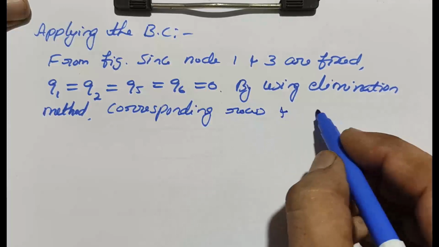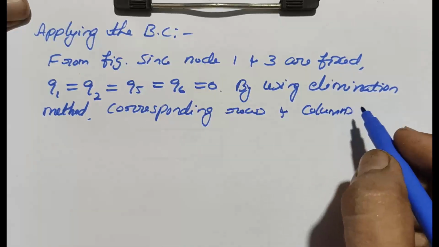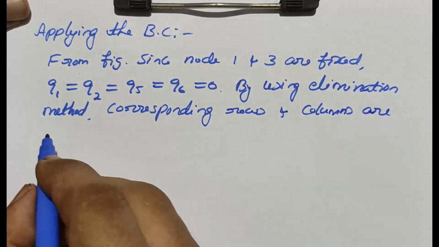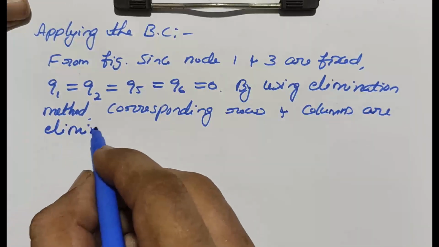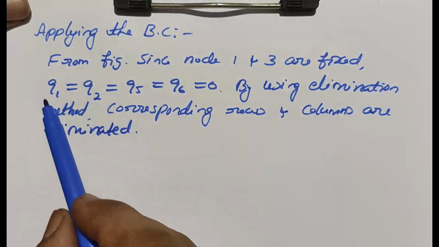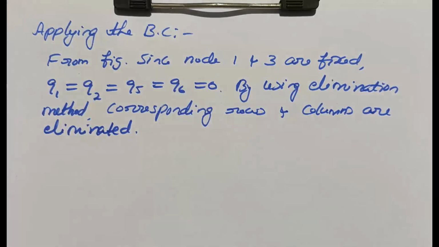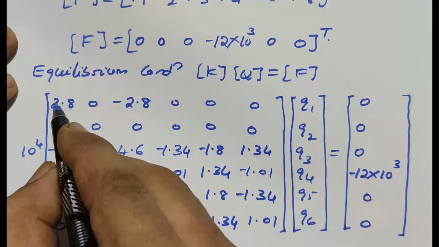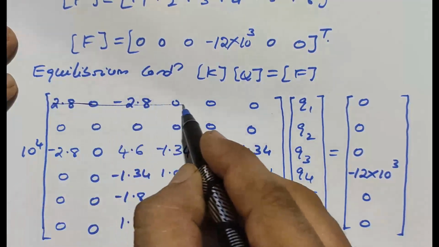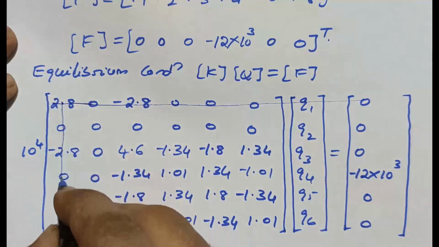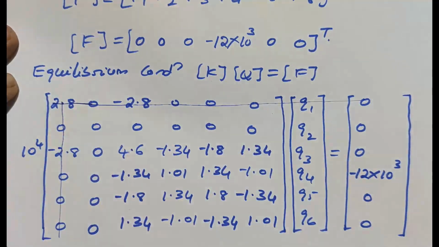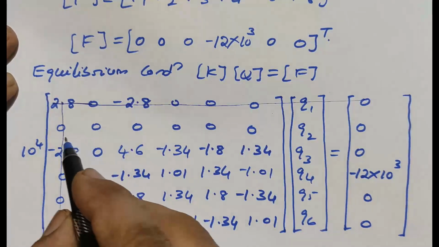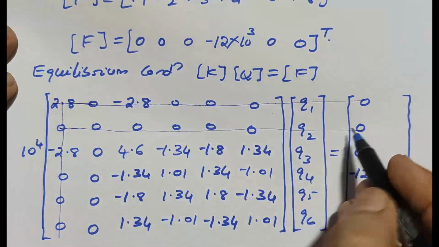Since Q1 is 0, we can eliminate first row, first column. Similarly, we have Q2 equal to 0, means we can eliminate second row, second column.